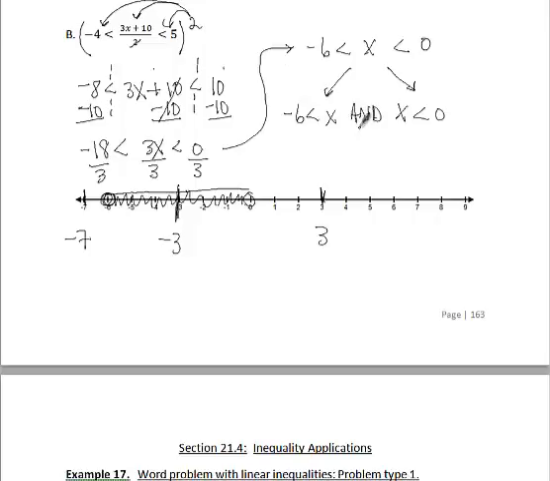If you forget what the conjunction means or which one you're dealing with, you simply have to pick these three numbers in the three different areas and test them with respect to the original inequality. Does a negative 7 satisfy this original inequality? Plug it in.